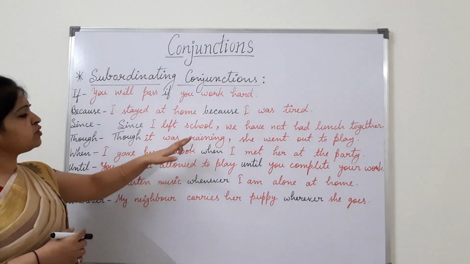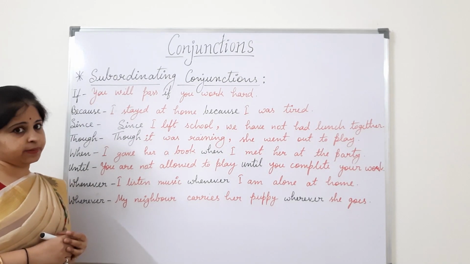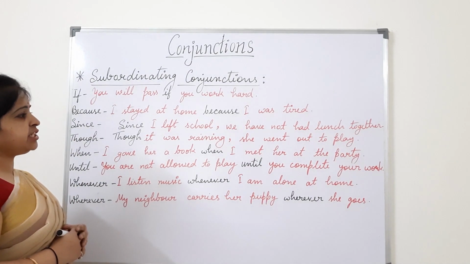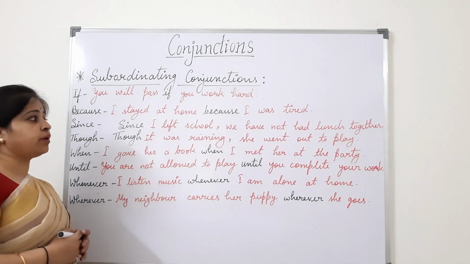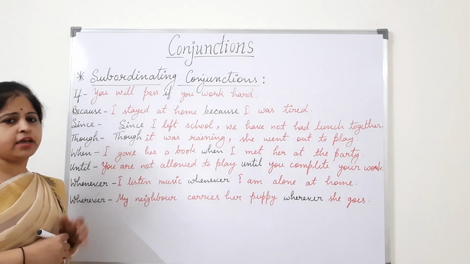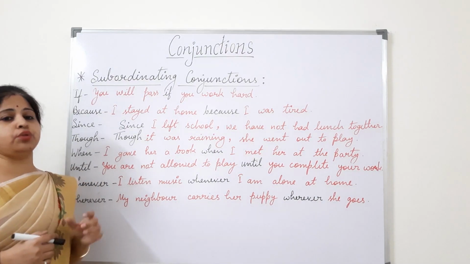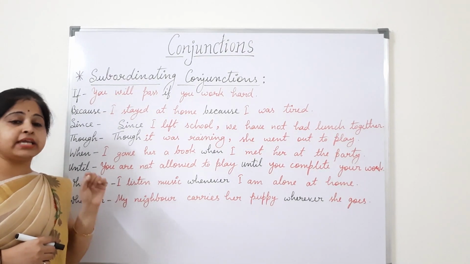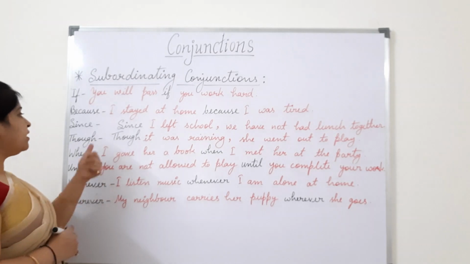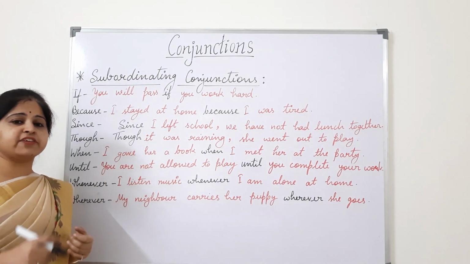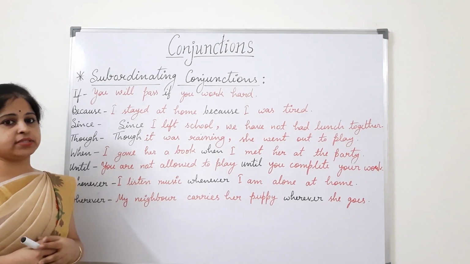"Though it was raining, she went out to play." Again, you see, you can also say "she went out to play though it was raining." Here I want to clear up although and even though. Although is more formal than though, and even though puts more emphasis on the next clause.